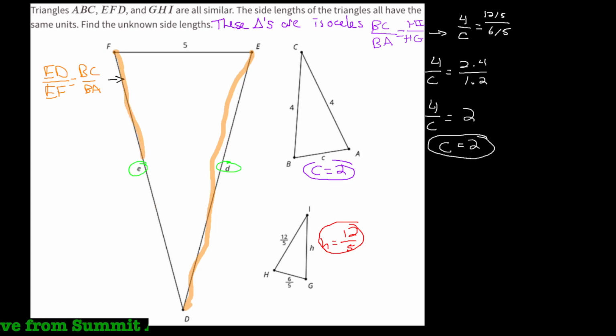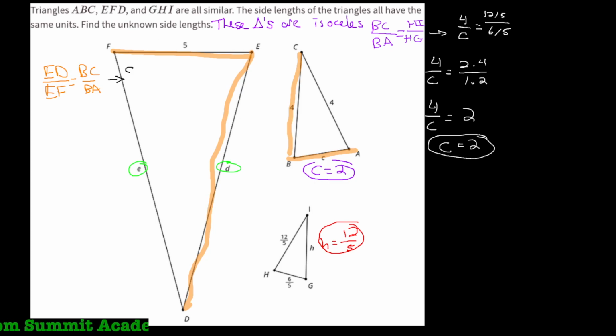So we're talking about these two. And then we have side length BC and BA. So we're using these two side lengths. Notice how they are corresponding with the side lengths. That way we know the ratios are equivalent.